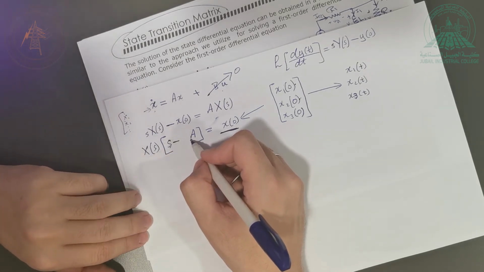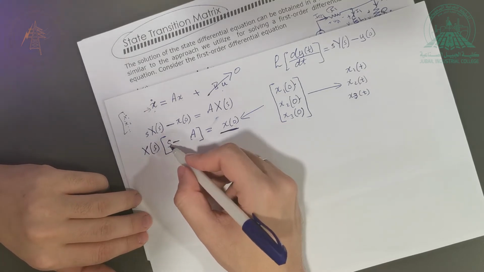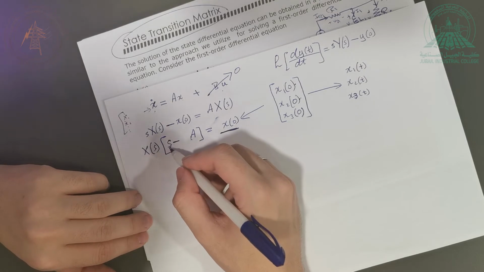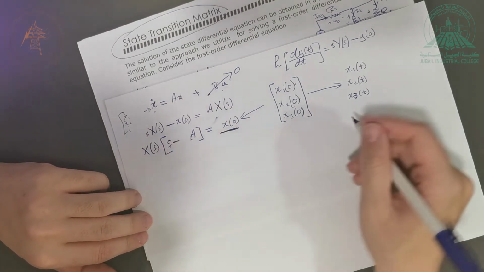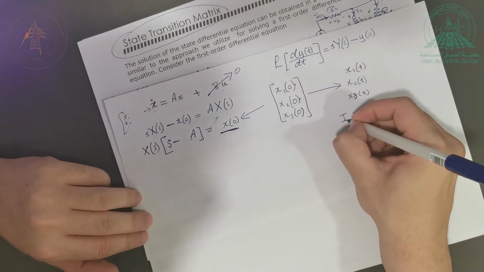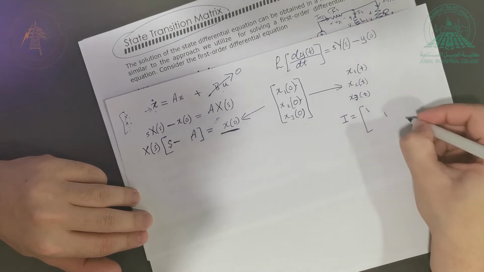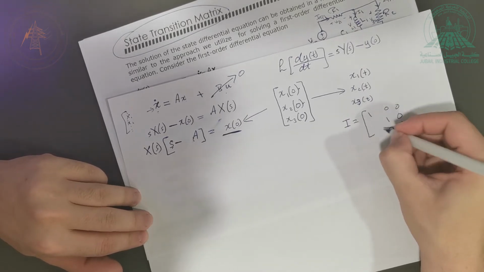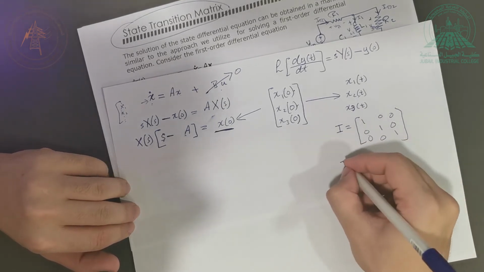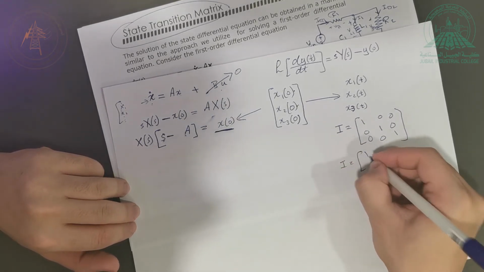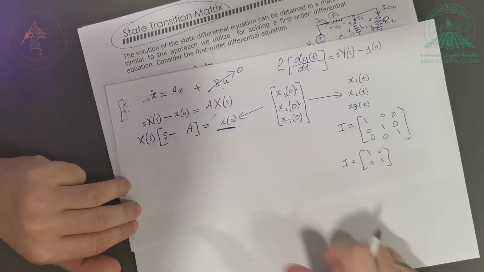So if you remember from engineering mathematics, the way you tackle this issue is to multiply this scalar by the identity matrix. Remember what the identity matrix is? The identity matrix, which you call I, is equal to 1 0 0, 0 1 0, 0 0 1, if it's 3 by 3. If it's 2 by 2, it's equal to 1 0 0 1, right? This is the identity matrix.